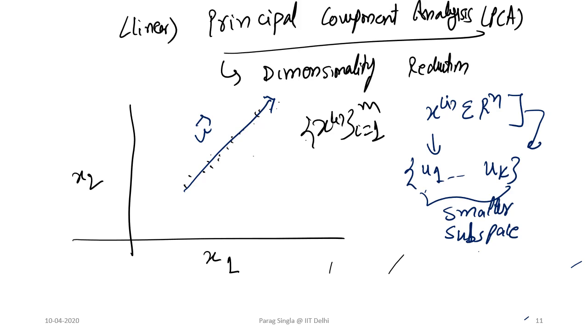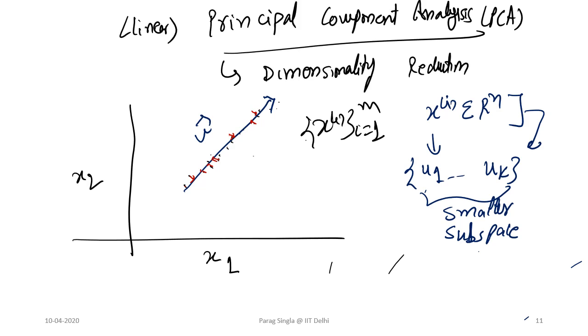For example, in this case, if you project these black dots onto this line, and note that this is a nearest projection of each point onto the line, then most of the variance in the data is still captured, right?